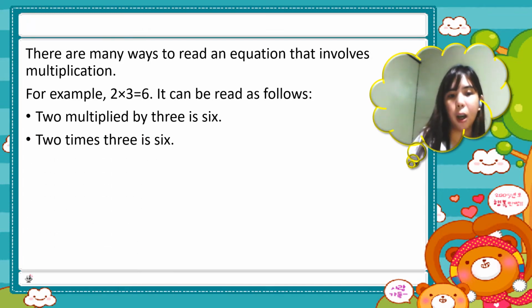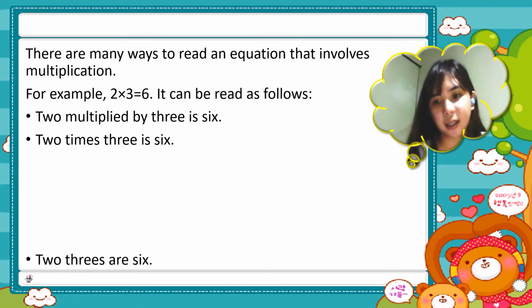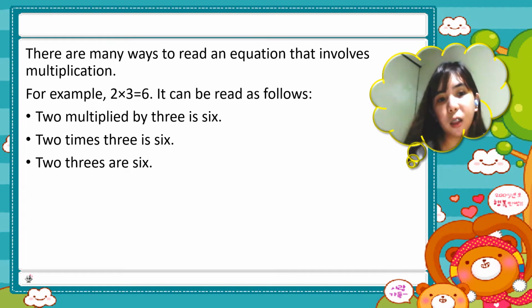Pwede man 2 times 3 is 6, which is very common when we are talking about multiplication. Another one is 2 threes are 6. So any of the three will do when you are stating a multiplication sentence.